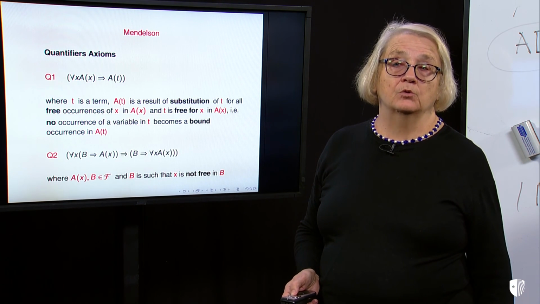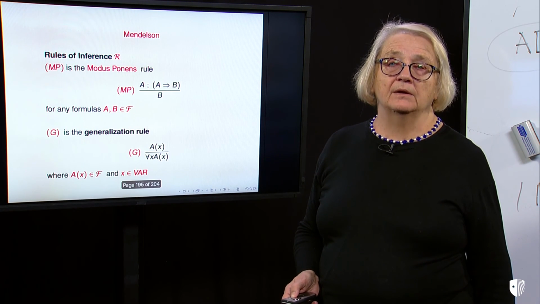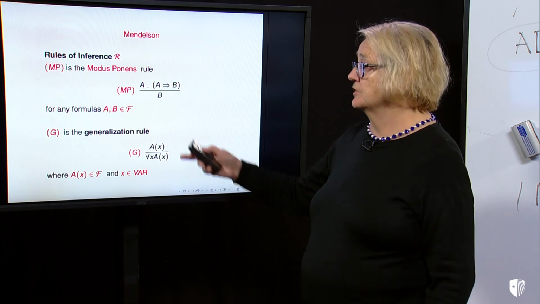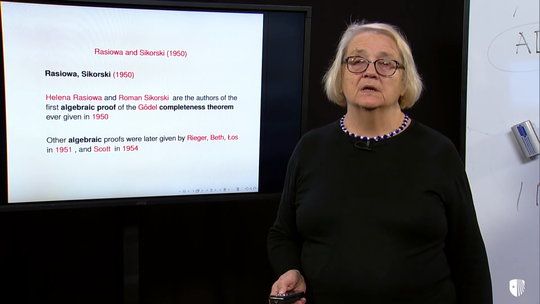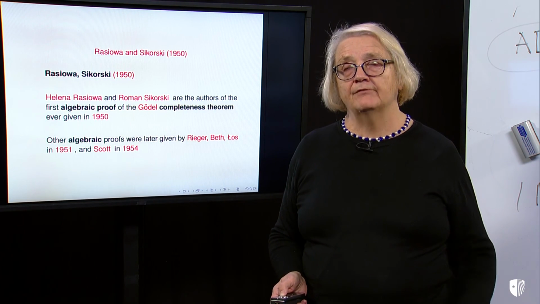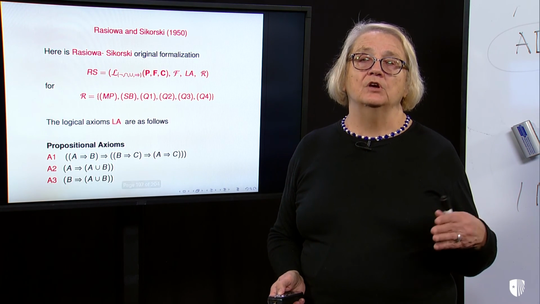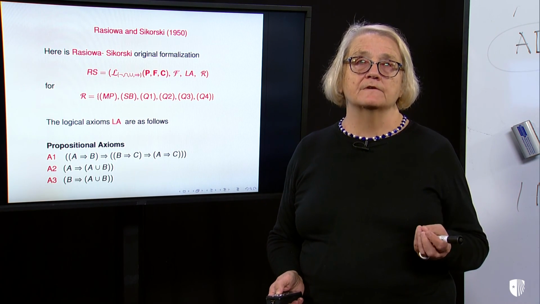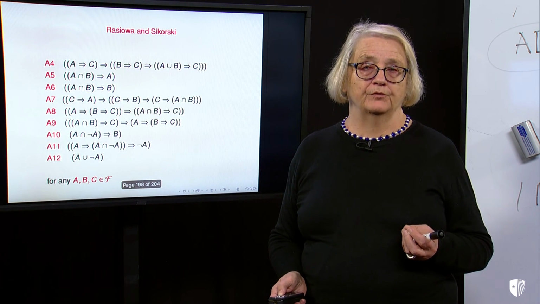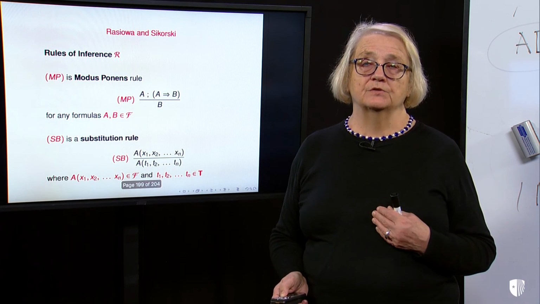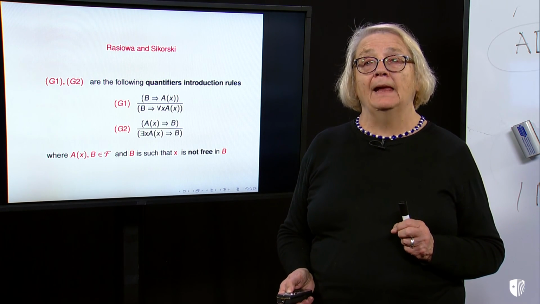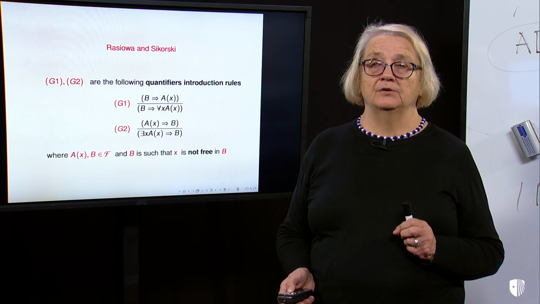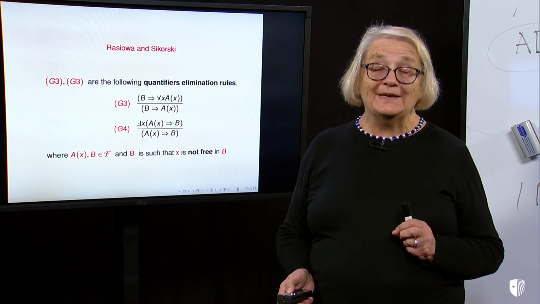Then you add two quantifier axioms, and as rule of inference you have generalization. Then Rasiowa and Sikorski have the set of formulas which are the most convenient for algebraic proof. You have modus ponens and the substitution rule. They use substitution, and quantifier introduction rules and elimination rules.